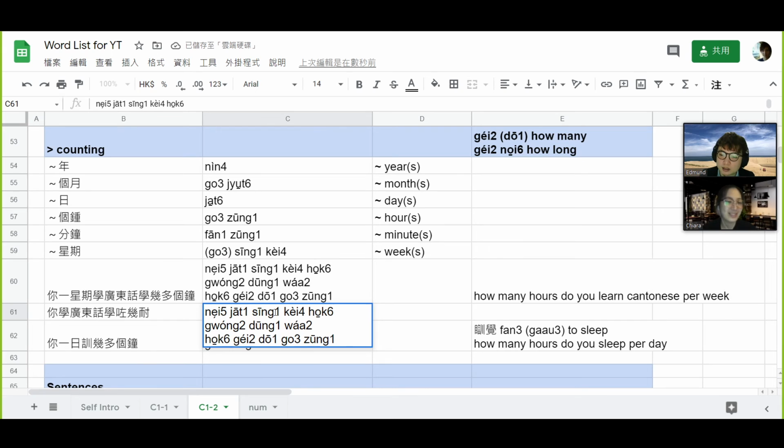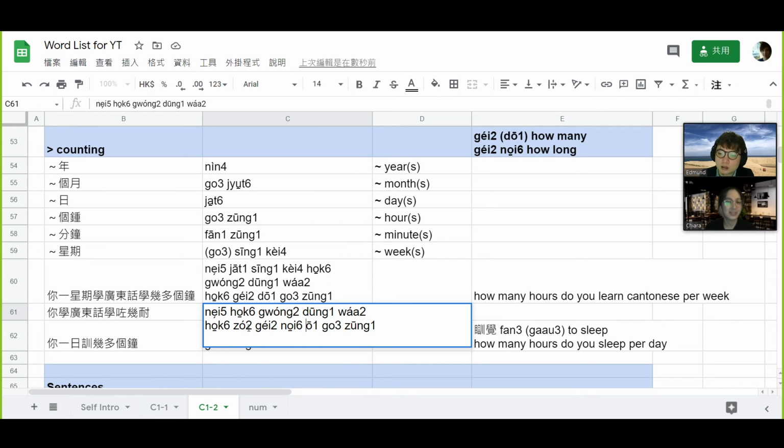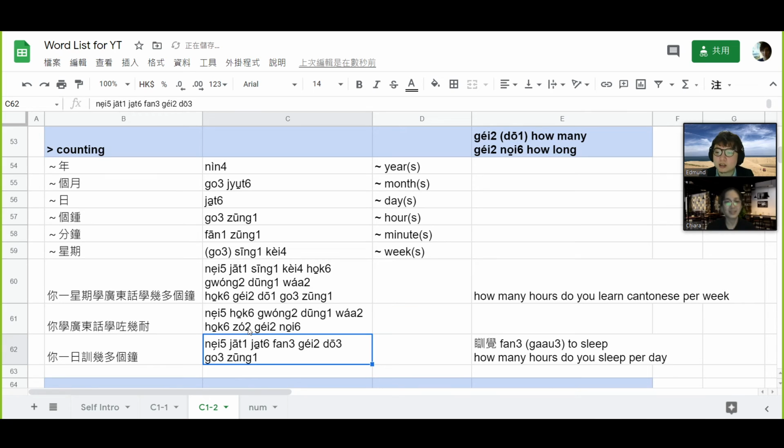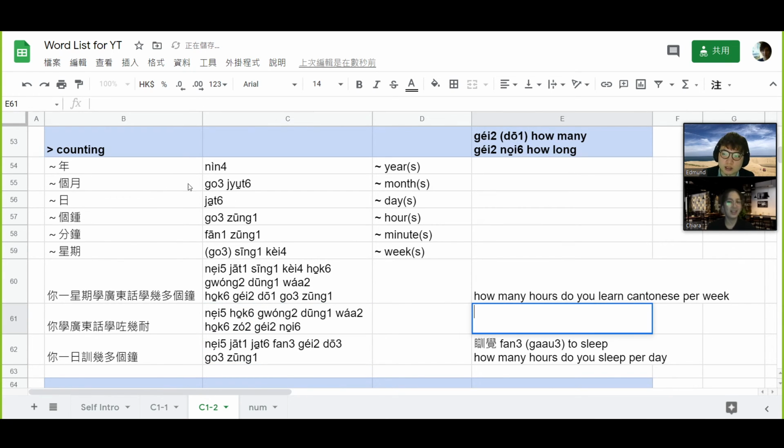Can you answer this? 你學廣東話 and then 學咗幾耐？You can copy the same structure up to here, 學咗, and then you say the how long using this. 我唔知道.